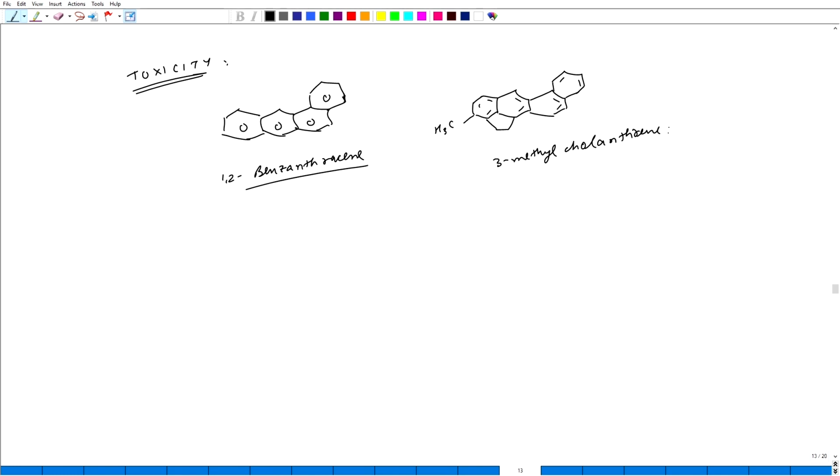Okay. So normally what happens is that when more than two benzene rings are fused together, they are carcinogenic in nature, or they are toxic.